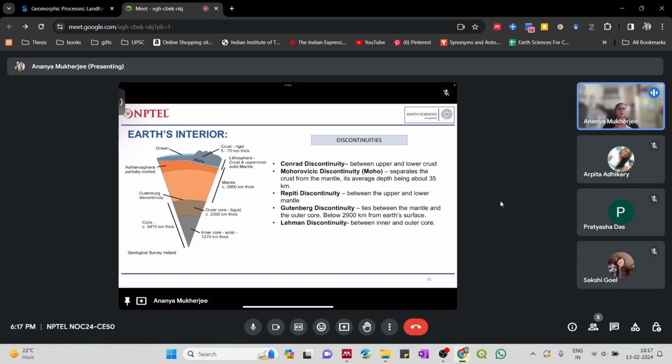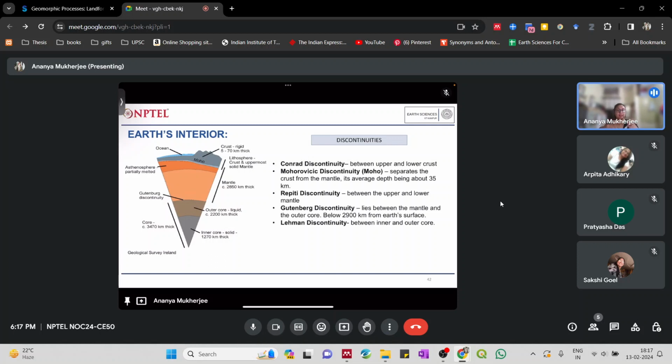Okay, so there is a difference in the composition of the upper crust and the lower crust. So due to this distinction in the composition, you can demarcate a discontinuity within the crust itself.